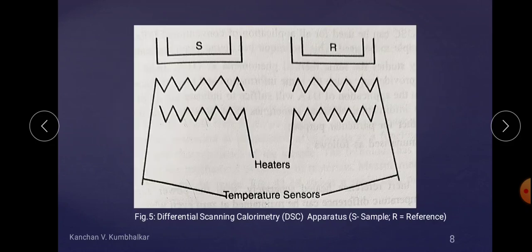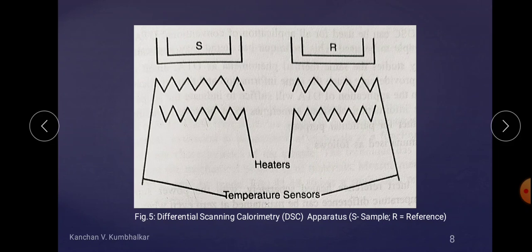This is the differential scanning calorimetry apparatus where the heater is different for the sample as well as the reference. This is the sample holder, this is the reference holder. In this case, the sample is heated with a separate heater which is programmed in parallel with the reference heater. So the temperature given to the sample and reference is exactly equal, but they are not placed in the same container or same area.